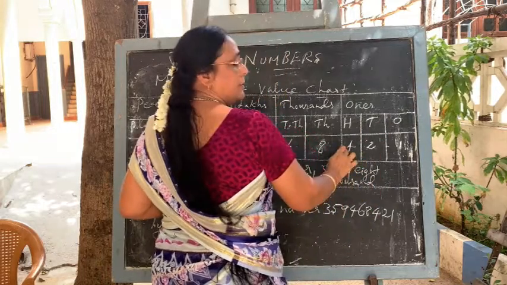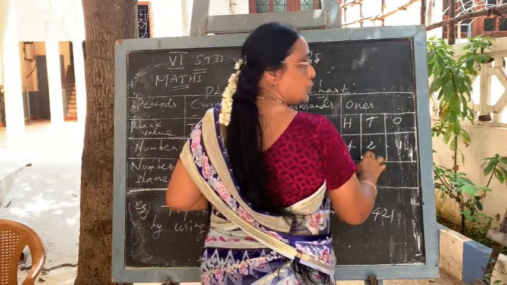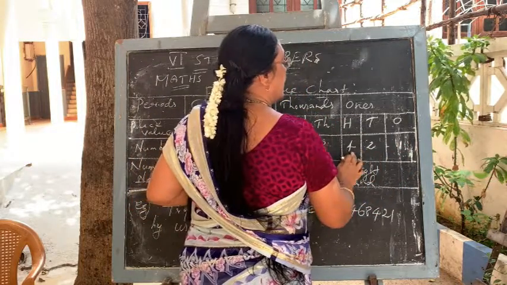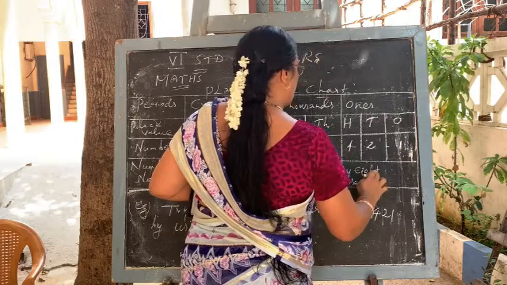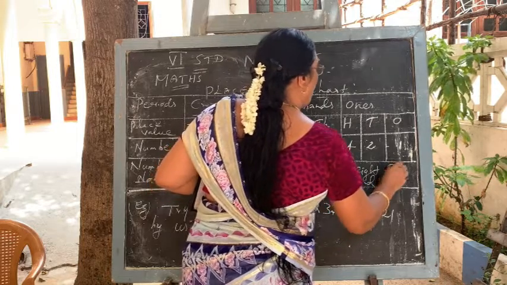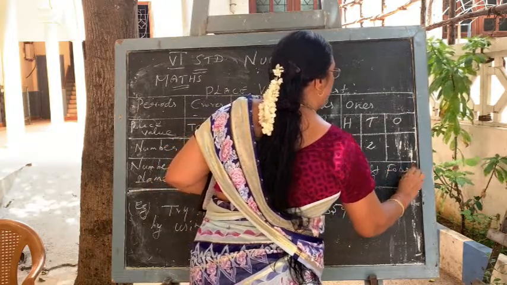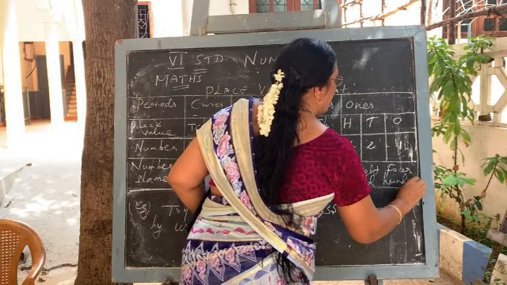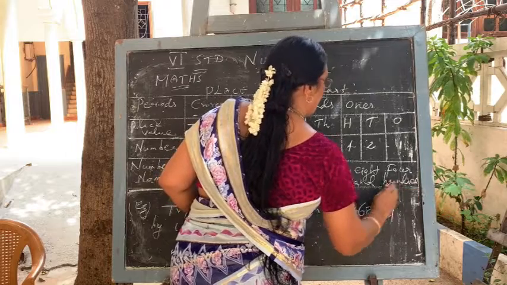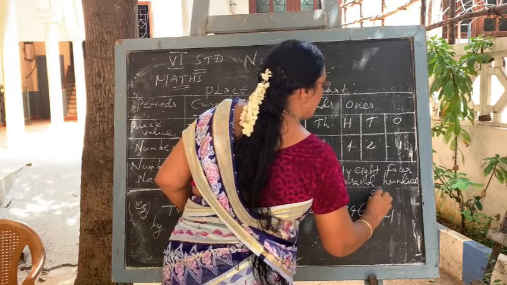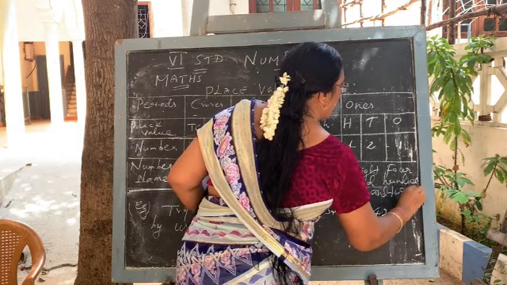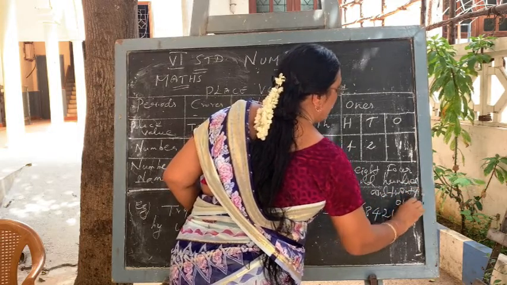Then see the 100. 4. For tens 2. For ones 1. How to read this? 421. 68,421.